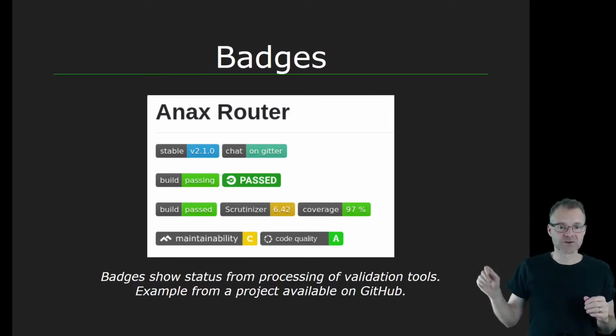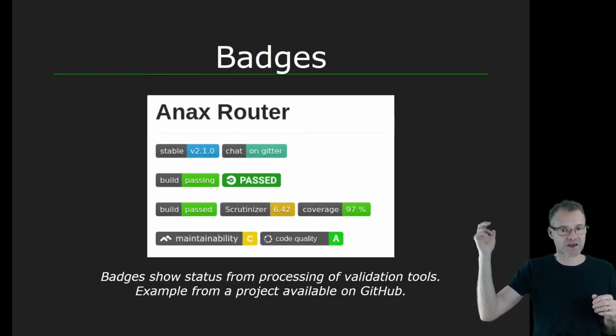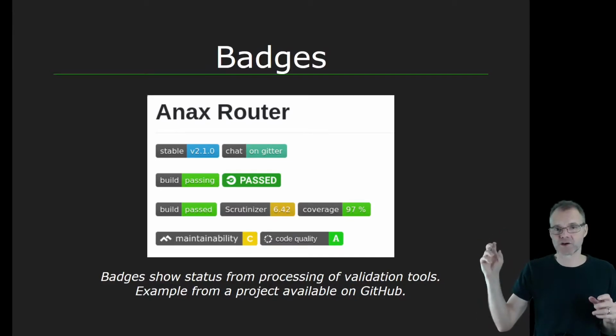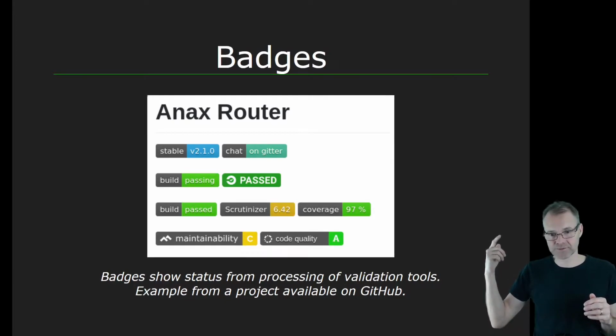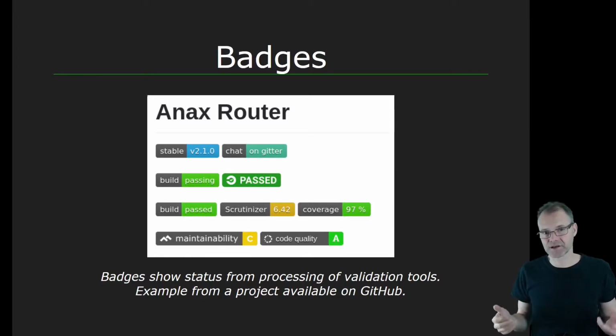Then we have here Scrutinizer. We're going to see a bit about Scrutinizer. We're going to use Scrutinizer as an example today. So there we see it's a website for measuring code quality, and there we see that the build passed. The code was rated 6.4, and it has a code coverage of the unit tests of 97%. Then on the bottom line, we have two other code quality measurement website projects.